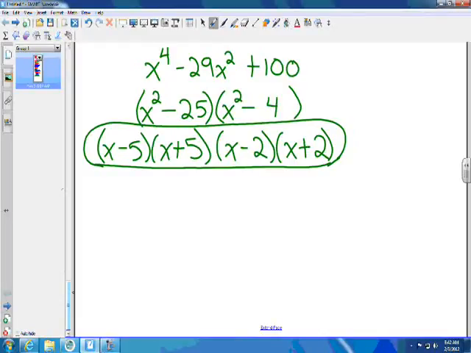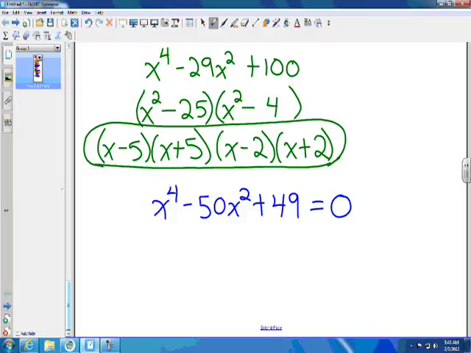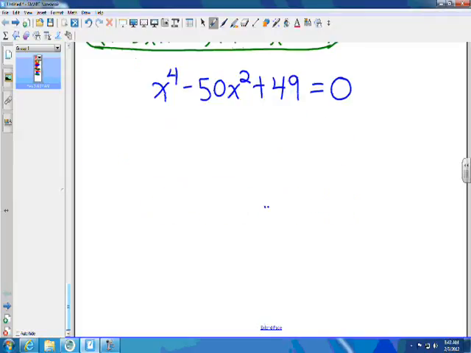x to the 4th minus 34x squared plus 49. Anytime they want you to solve, it'll be set equal to 0 already, like this one is.